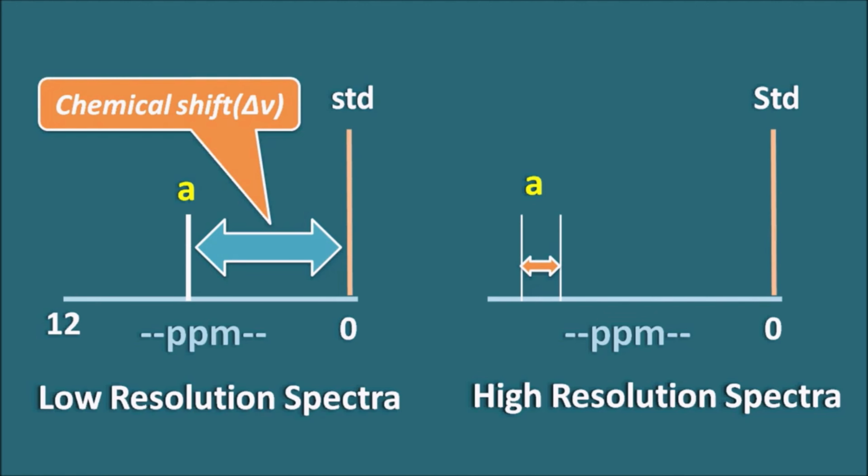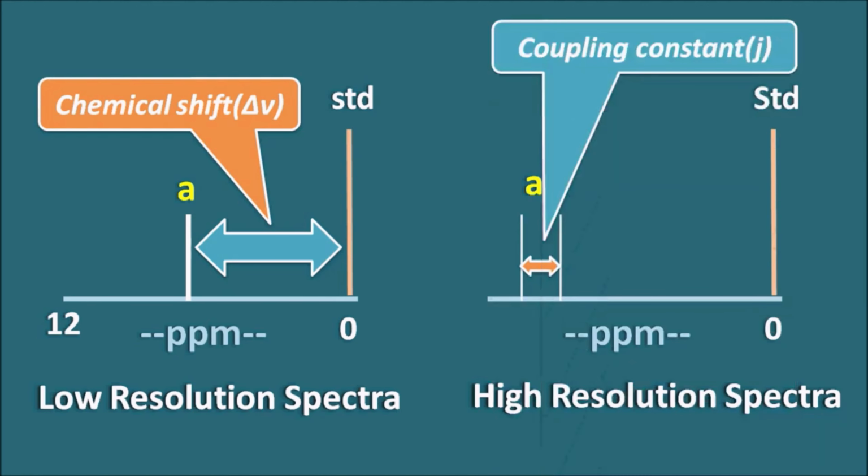And the distance between these split peaks is called the coupling constant J. So we can easily observe that the chemical shift delta nu is much greater compared with the coupling constant. So that type of spectrum is called first order spectrum. So in the first order spectrum, delta nu is much greater than J.